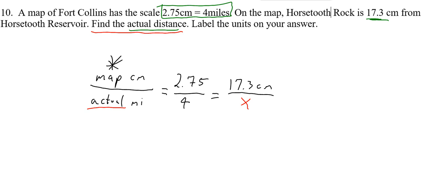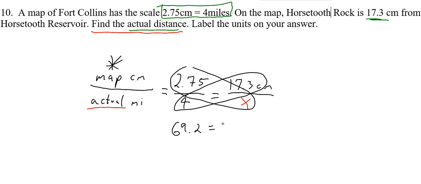So now I have a proportion set up with one unknown, so I can use my cross multiplying. So when I do 4 times 17.3, I get 69.2 equals 2.75x.